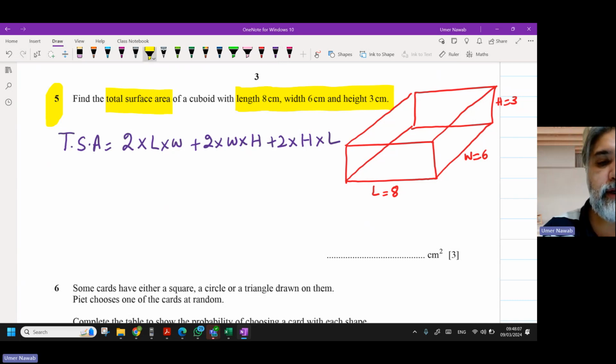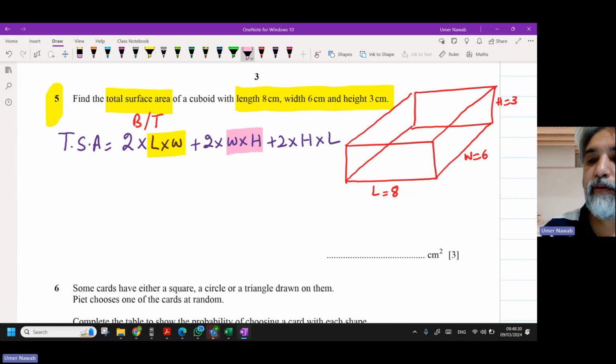How did I do this? Length times width means I'm taking the bottom and the top. The times 2 means L times W gives the bottom, times 2 gives the area of the top as well.